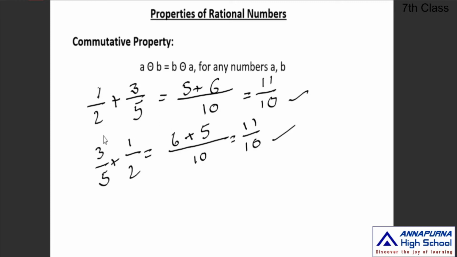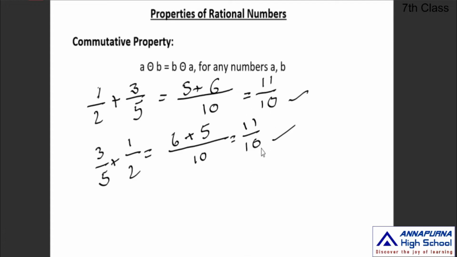When presented in words, we observe a lot of difference. Here 3 by 5 is added to 1 by 2. Here 1 by 2 is added to 3 by 5. There is a lot of difference between them in words, but mathematically 1 by 2 plus 3 by 5 gives 11 by 10, and 3 by 5 plus 1 by 2 is also equal to 11 by 10.